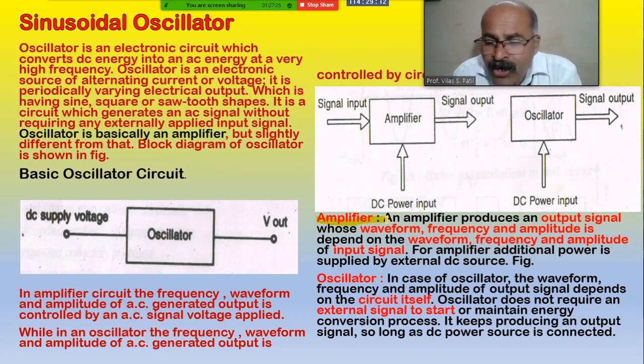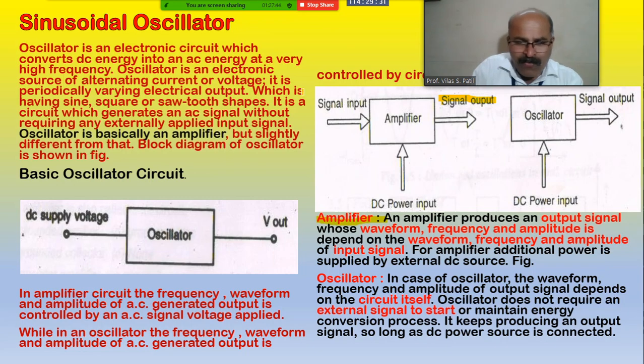Amplifier produces an output signal whose waveform, frequency and amplitude depend on the waveform, frequency and amplitude of input signal. कशावर डिपेंडंट आहे? आउटपुट सिग्नलचा वेव्हफॉर्म, फ्रिक्वेन्सी आणि अँप्लिट्यूड ही कशावर डिपेंडंट आहे? इनपुट सिग्नलवर आहे. कारण इनपुट सिग्नल इथं दिलेला असतो.